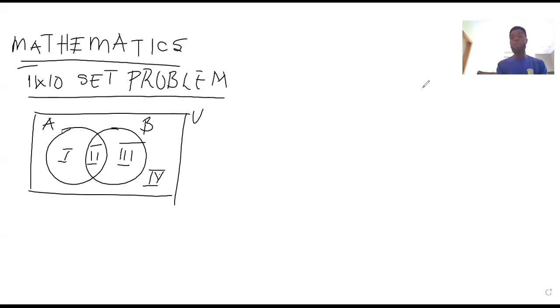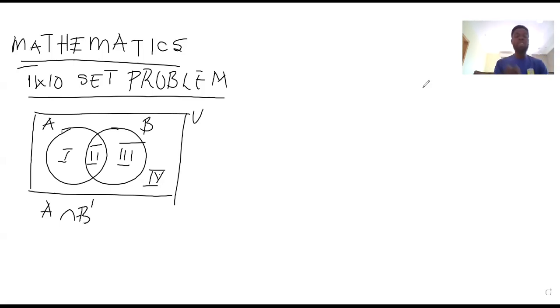Now you need to understand the various regions of the Venn diagram. My region 1 represents the number of elements in A only. That is A intersection B complement.